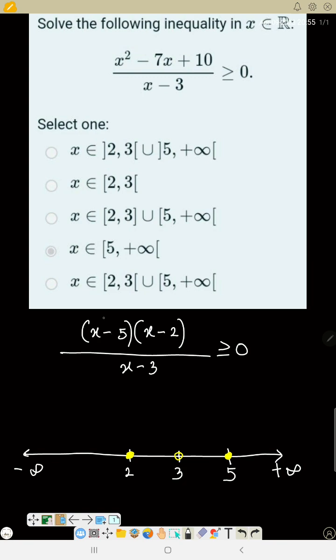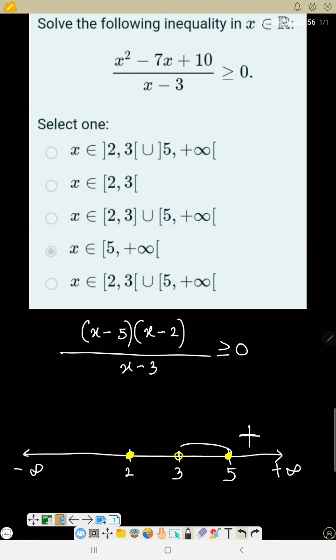That will be 1, that is positive. Put 6 here too: 6 minus 2, that is 4, also a positive result. Put 6 here too: 6 minus 3, that is 3, also a positive result. Now, plus times plus is plus. Plus divided by plus is plus. So the sign here is plus.